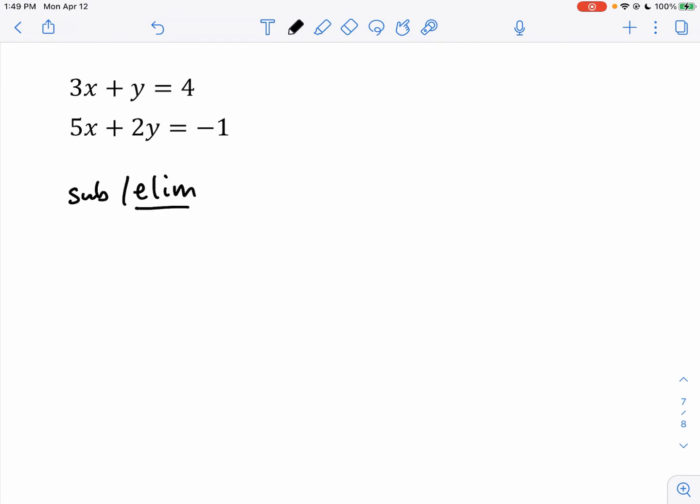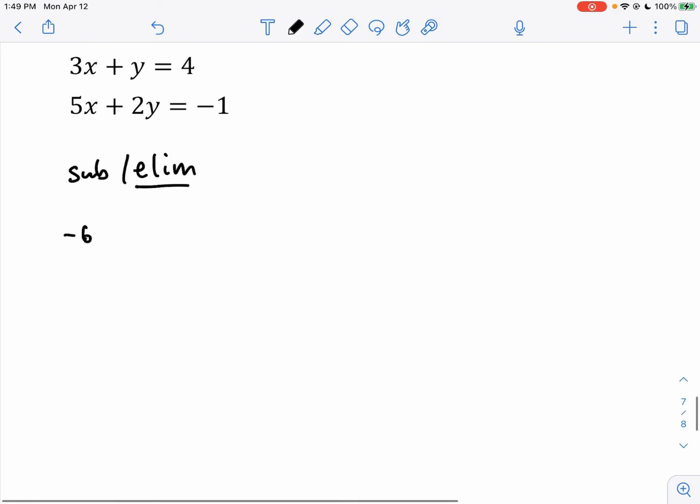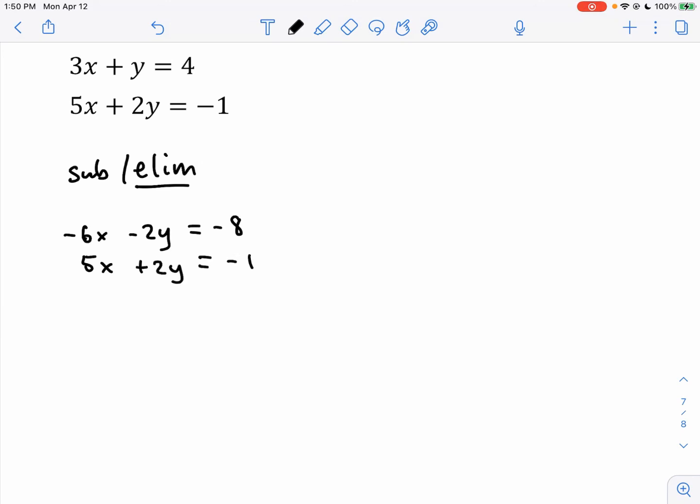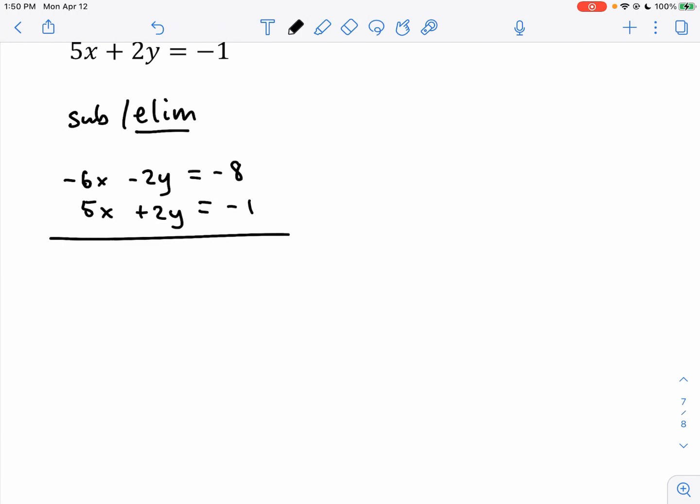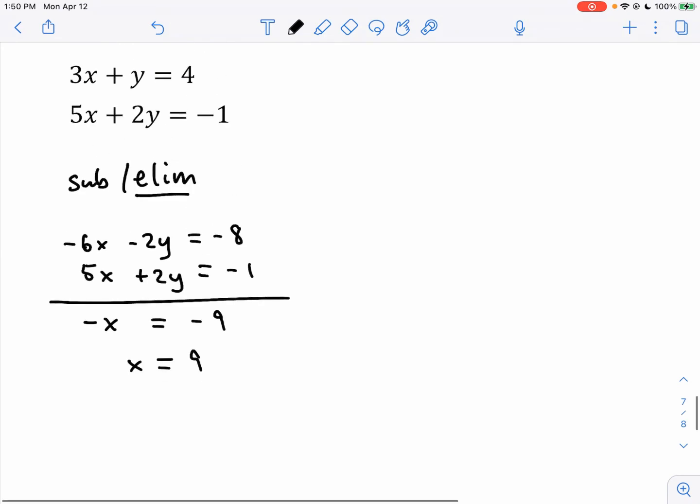And let's do an example of elimination. So I'm going to multiply the top equation by -2. So we have negative 6x minus 2y equals -8. I'm going to leave the second equation the same. And I'm prepping this so that when I add the two equations together, the y's eliminate. So add these together, you get negative x, the y's eliminate, and over here you get -9. Therefore x is 9. Then you can plug 9 into either equation, doesn't matter which one, and solve for y.